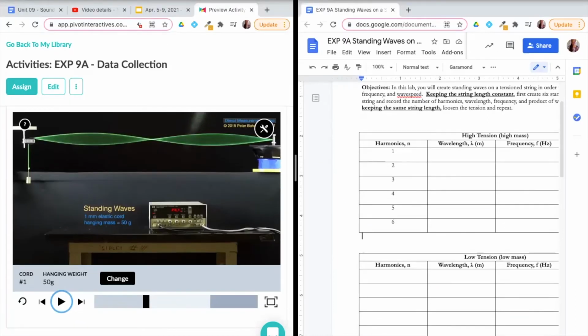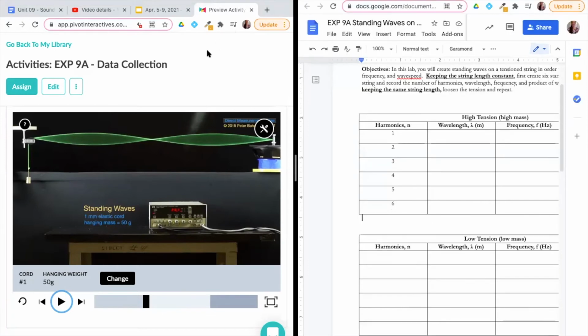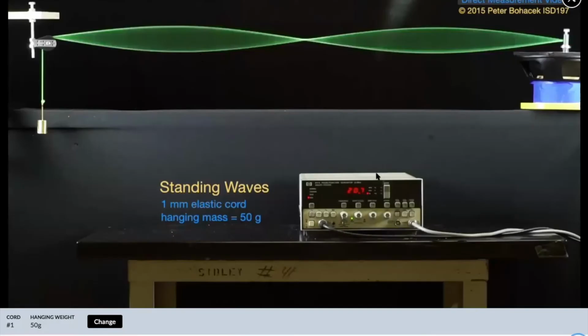To read the frequency, I would read the number on the function generator. The frequency in this case is 20.7 hertz. So read the frequency off the function generator. I see that this is the second harmonic because there's two antinodes. So that means the only remaining thing I need to do is measure the wavelength.